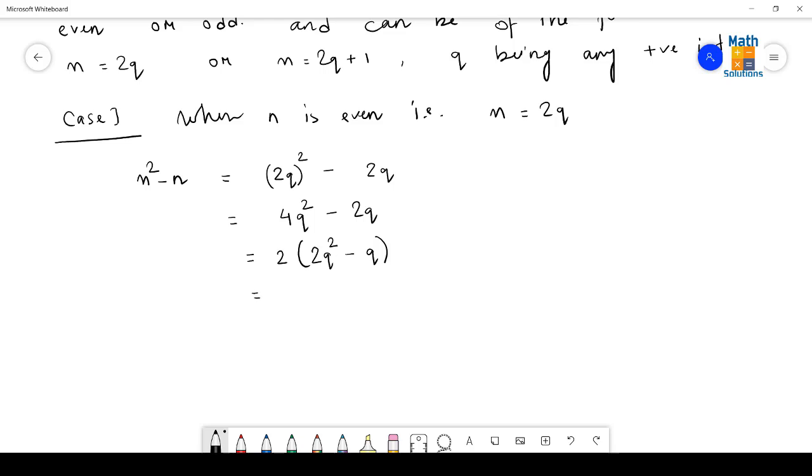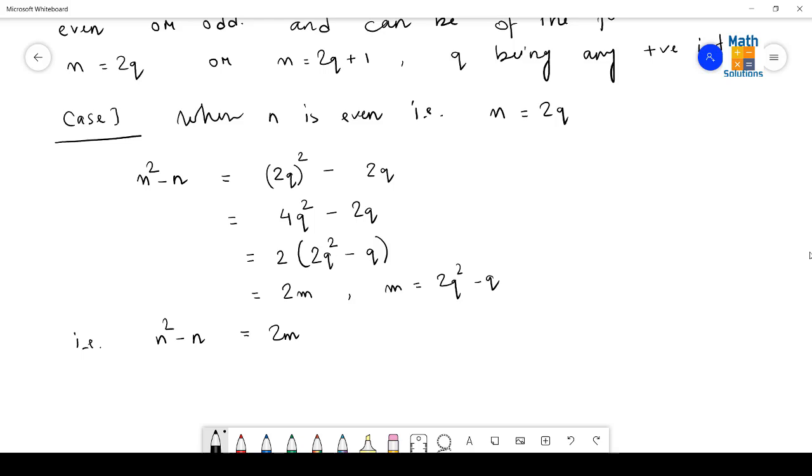So I can further reduce it to the form 2m, m being equal to 2q square minus q. So this will imply what? That is n square minus n is equal to 2m, as we can express it as a multiple of 2.